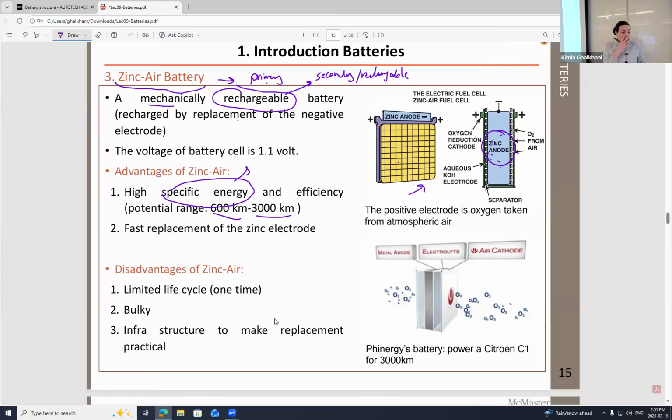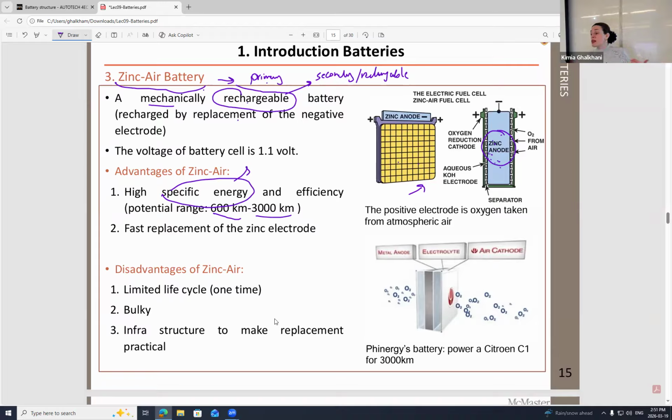But nowadays, researchers are really focused on switching it to a truly rechargeable battery, and they did it. It is now doable to create the rechargeable type of zinc batteries, but the disadvantage is that in order to do so, you need a huge infrastructure, which makes it costly, which is not efficient.